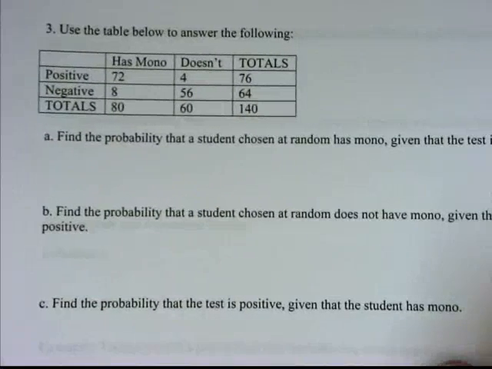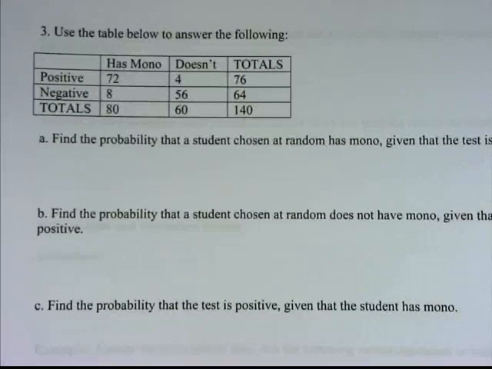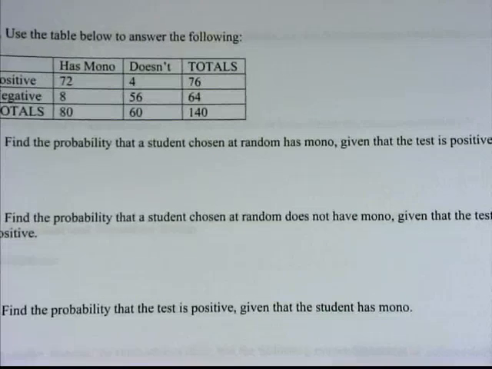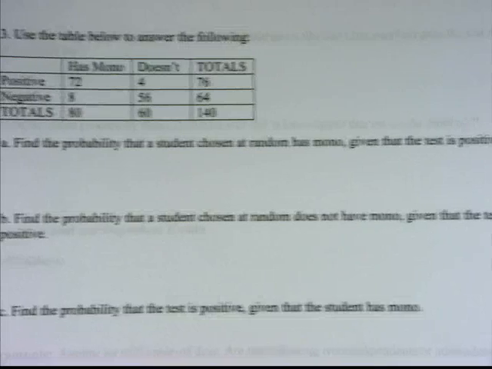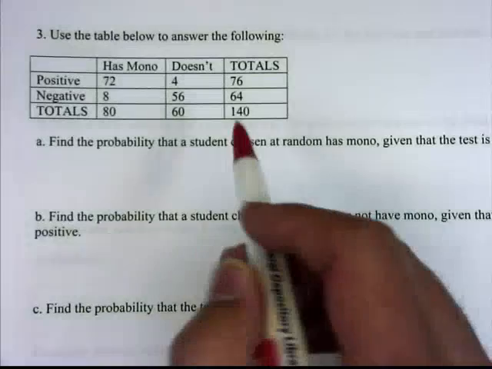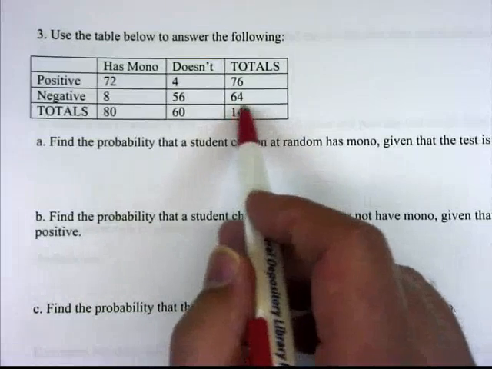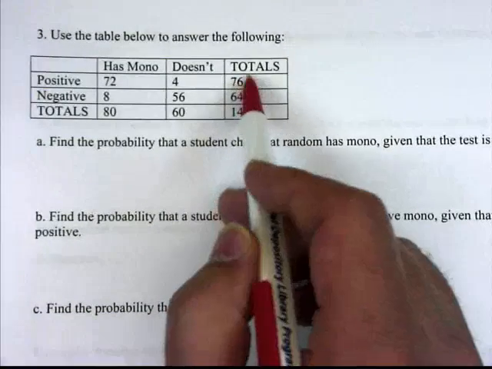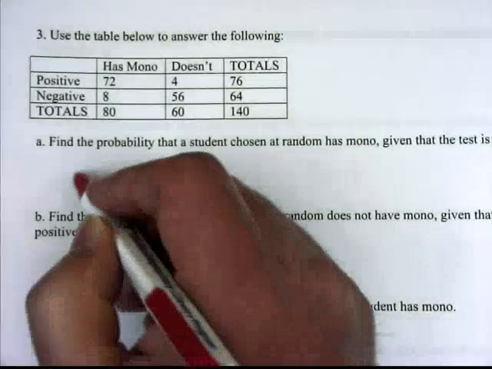So what we want to do first is find the probability that a student chosen at random has mono, given that the test is positive. Notice what that does. If we are given that the test is positive, then instead of dealing with all 140 tests, we're only dealing with the 76 positive tests.